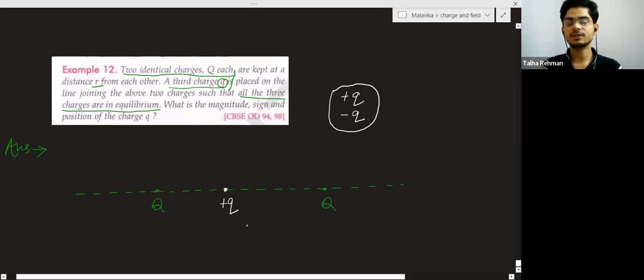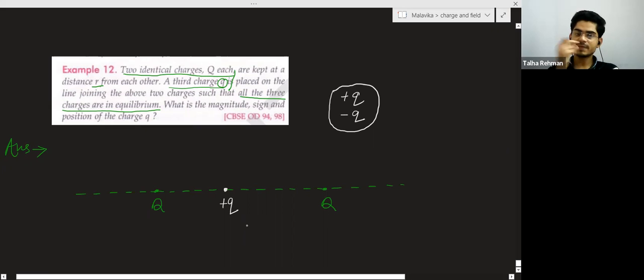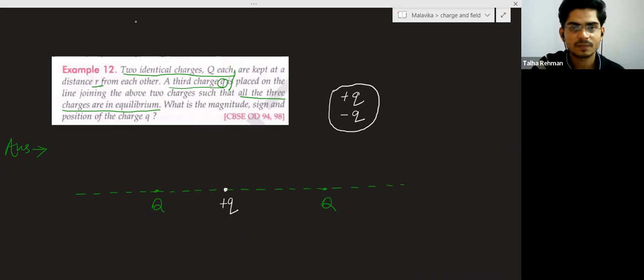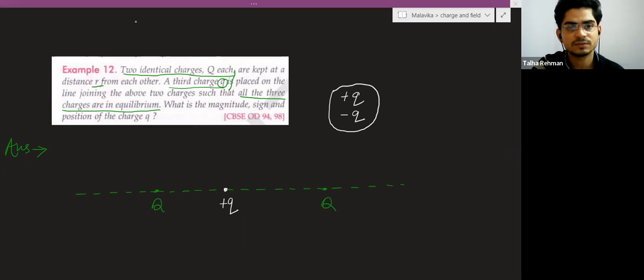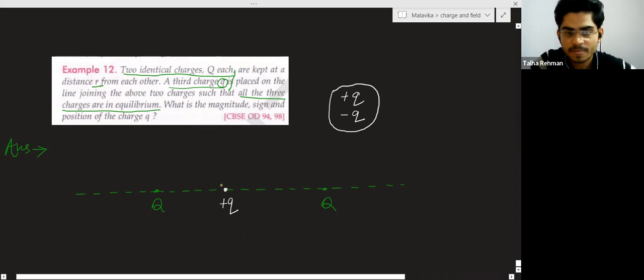And now we will see after putting this charge here, whether all the three charges are in equilibrium or not. So there is a method. We have already discussed that method. Nothing special in that. First you should choose the charge.